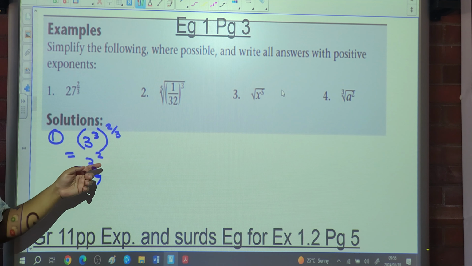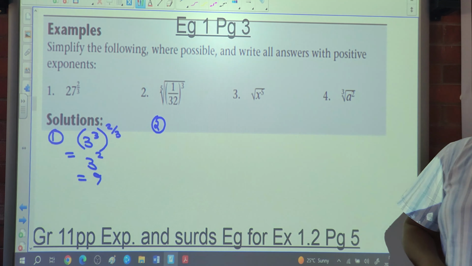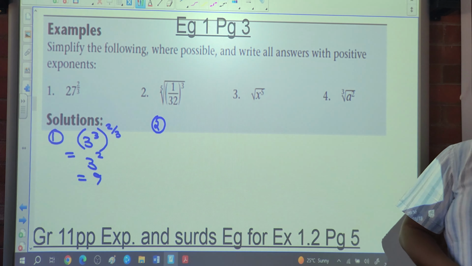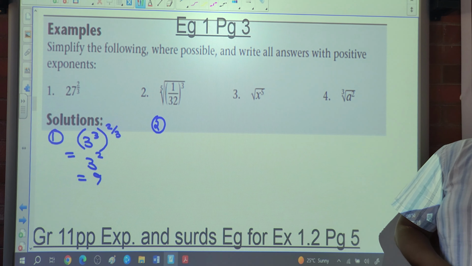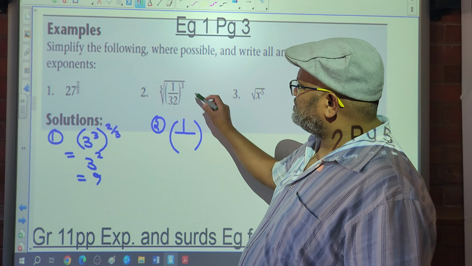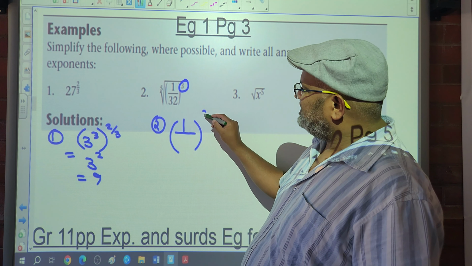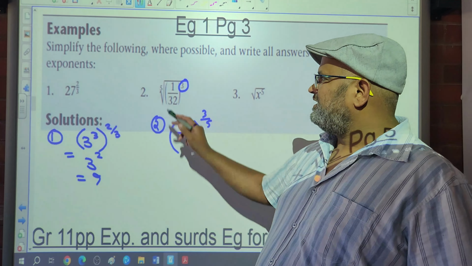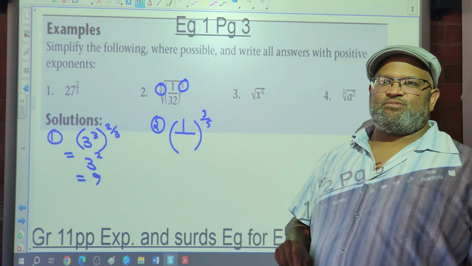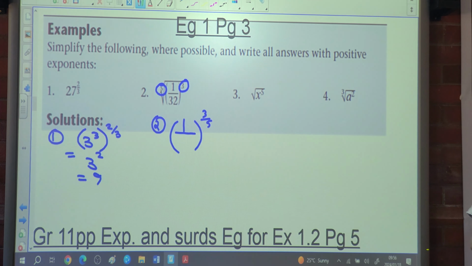You've got the fifth root of 1 over 32, raised to the exponent 3, or cubed. So firstly, if I write this in exponential form, that's going to be 1 over 32 raised to the exponent 3 over 5. Remember, the root will always be the denominator. You all agree with that part? 32 can be written as 2 to the 5. You all know how we got 2 to the 5, no?